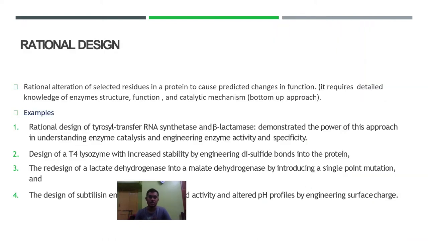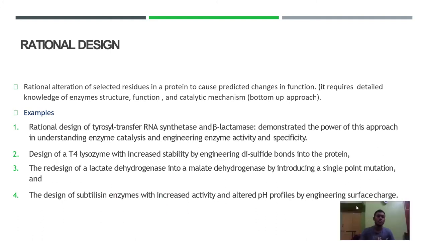Moving on, let's understand more about rational design. It is the rational alteration of selected residues in a protein to cause predicted changes in function. It requires detailed knowledge of enzyme structure, function and catalytic mechanism.